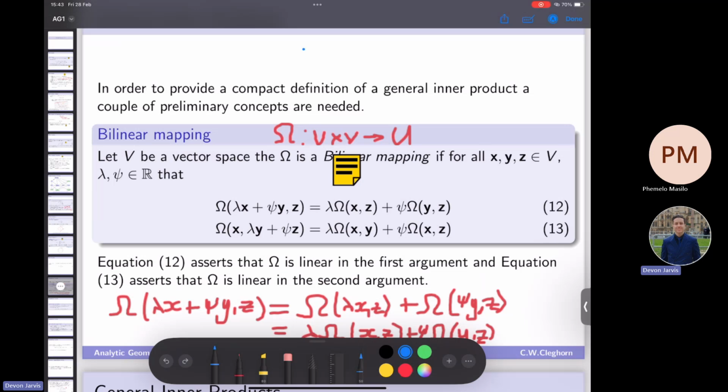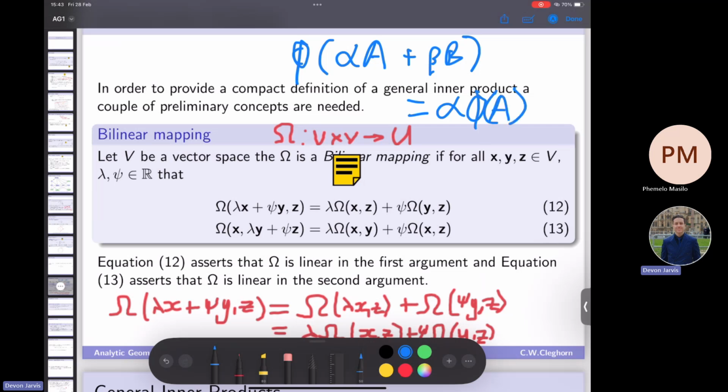So if I have some operation phi, and it's acting on alpha A plus beta B or something like that, I could then always distribute it and pull out my scalars and then distribute the sum as well, plus beta phi B, right? So the scalar always comes outside of my operation, and then I can also just apply it to the sums individually and then add up at the end.